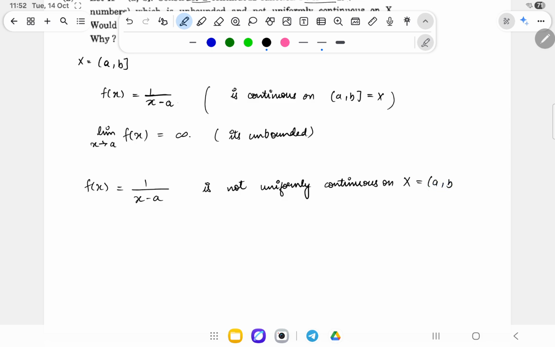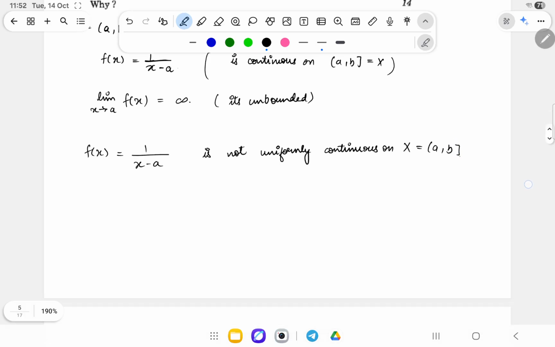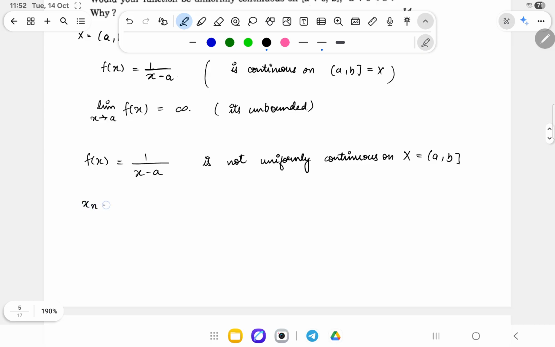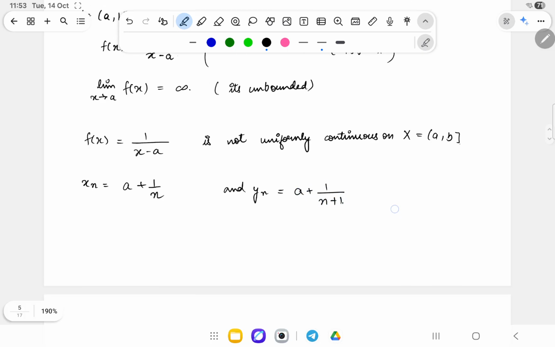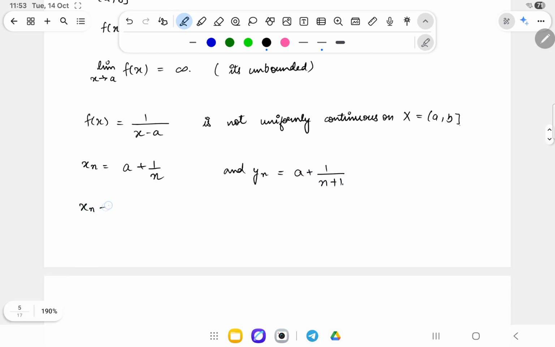Now in order to prove this, we will basically resort to the sequential criteria. So let's assume that our sequence x_n is equal to a plus 1 by n, and our sequence y_n is equal to a plus 1 by (n plus 1). Now if you see mod of x_n minus y_n, it will be a plus 1 by n minus a minus 1 by (n plus 1).